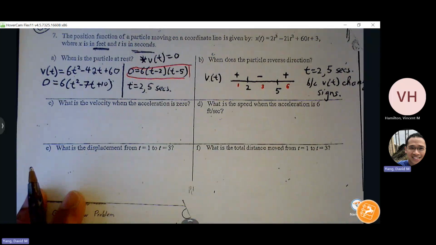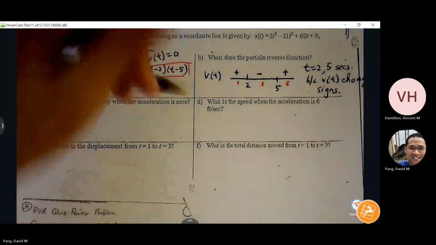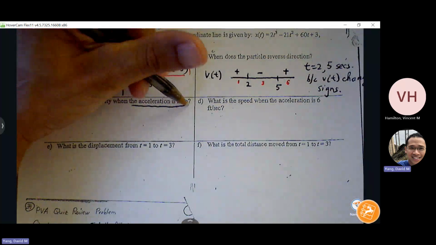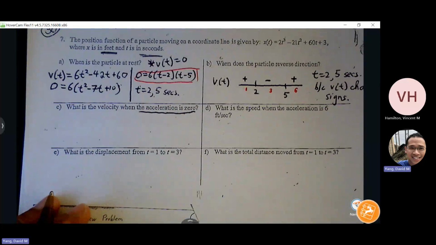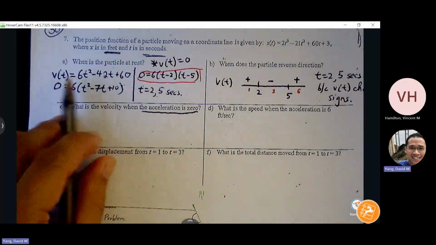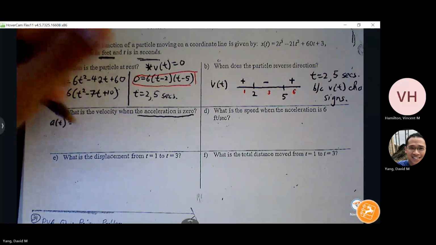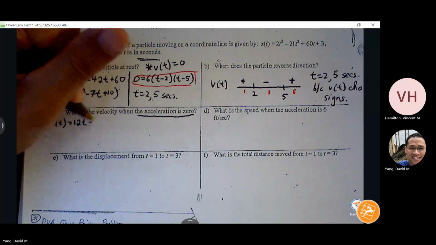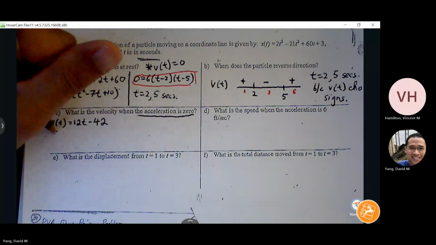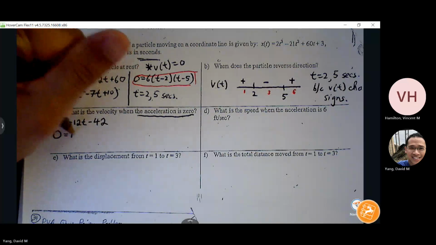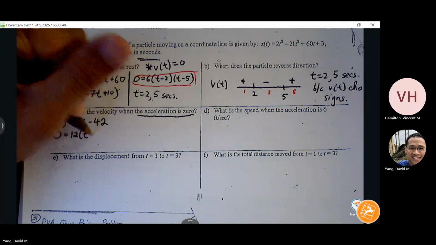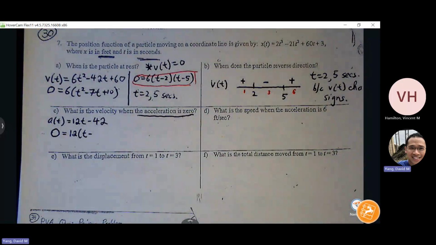Okay, what is the velocity when acceleration is 0? So we'll first find when acceleration is 0. So we'll find acceleration. We go from velocity, derivative, down to acceleration. Set acceleration equals 0. Factor a 12 out. Oh, I'm sorry, I can't factor a 12 out.